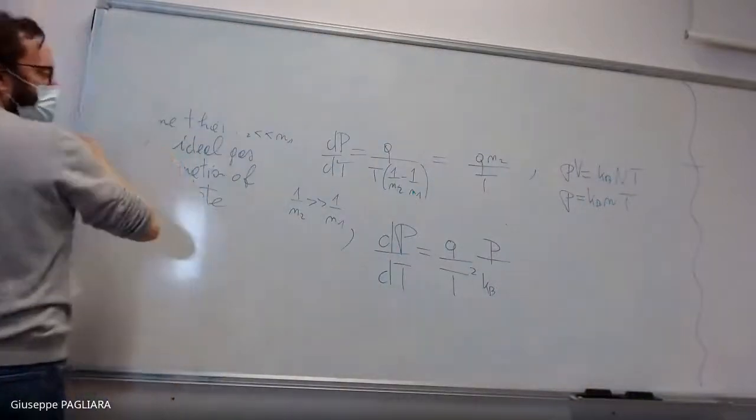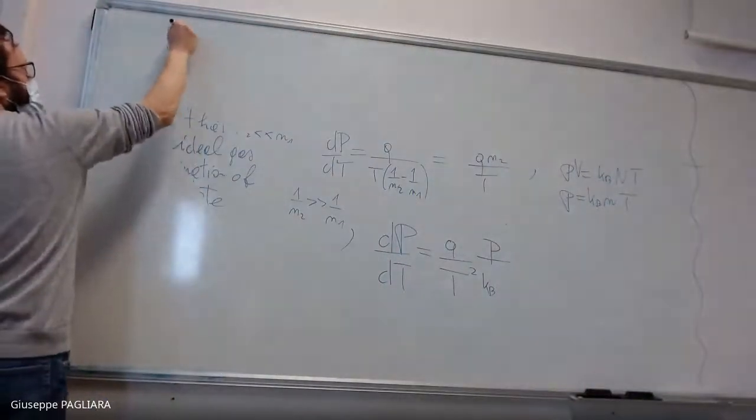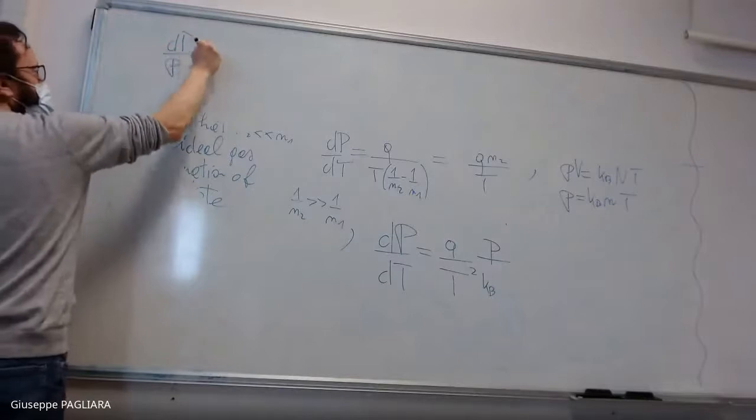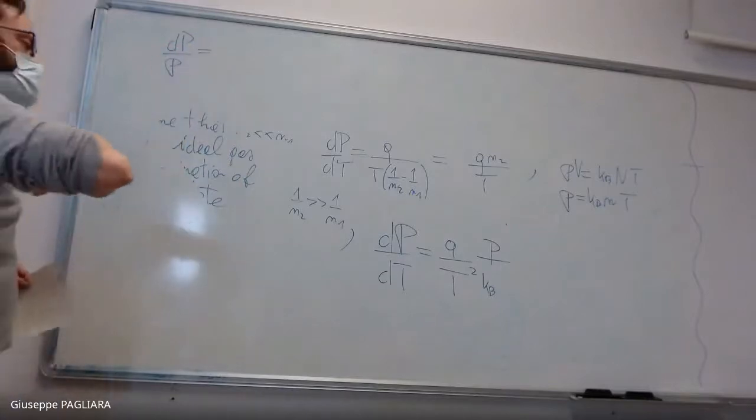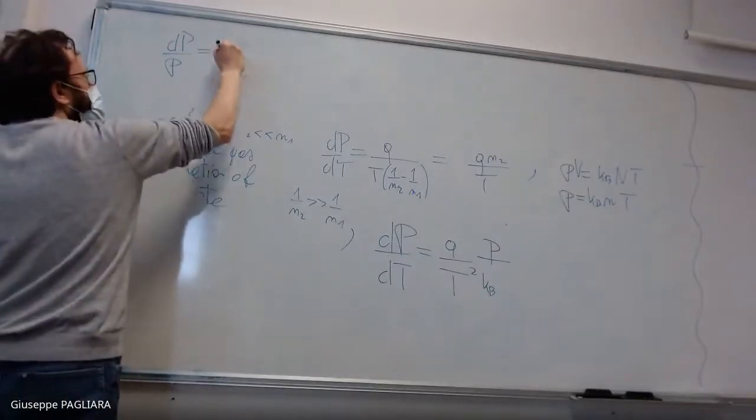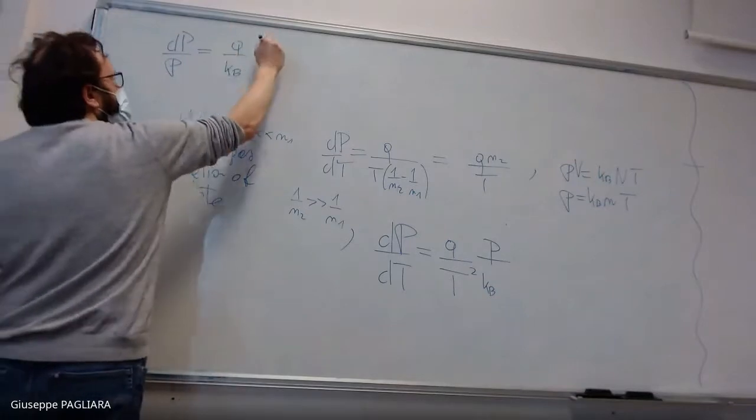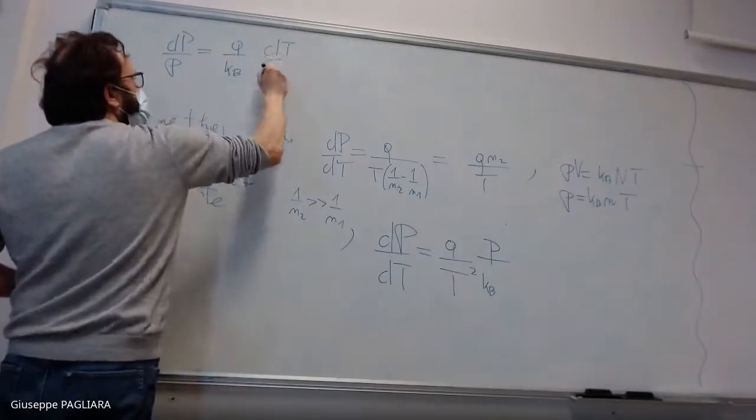So I have that dP divided by pressure is equal to Q divided by kB, but dT divided by T squared.